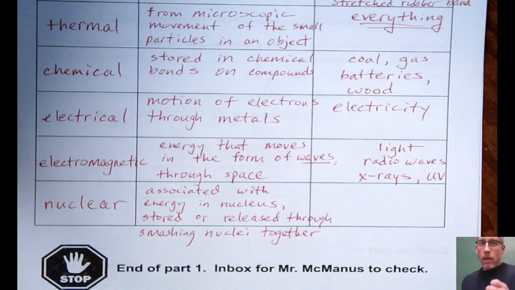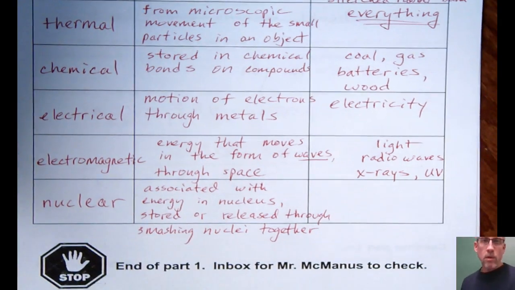That's not the same thing as just bonding a couple of atoms, getting them close to each other, and having them hold on to each other. This is entirely different. And so a tremendous amount of energy is stored inside these nuclei, and if we can safely harness that, release it in a controlled way, this is what we do in a nuclear power plant, then we could really exploit this.